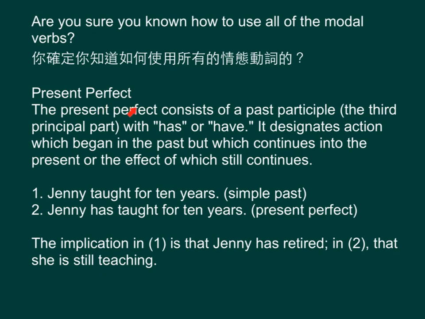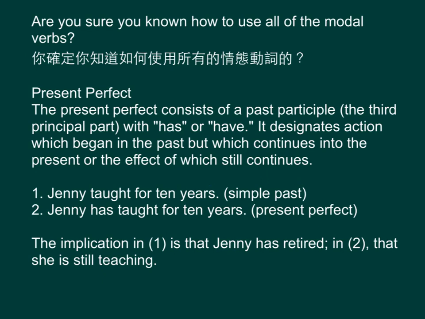Present perfect. The present perfect consists of a past participle, the third principal part, with has or have. It designates action which began in the past but which continues into the present, or the effect of which still continues.